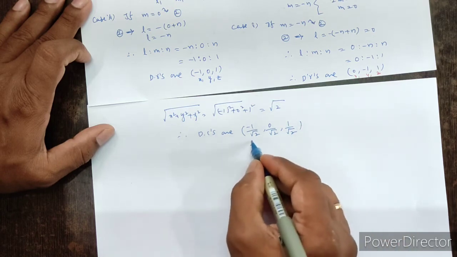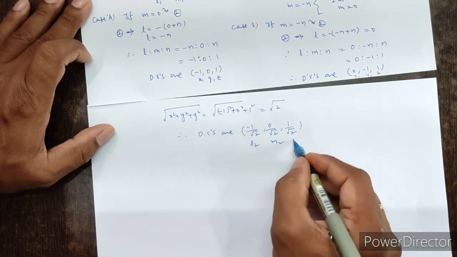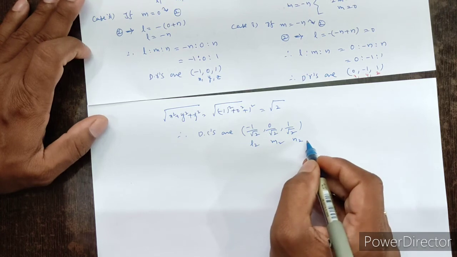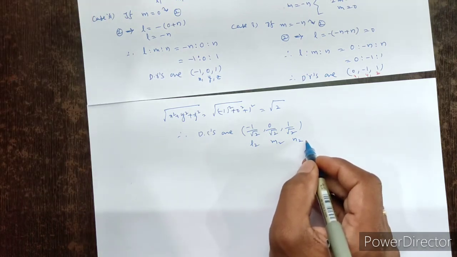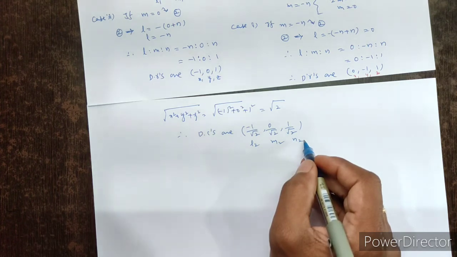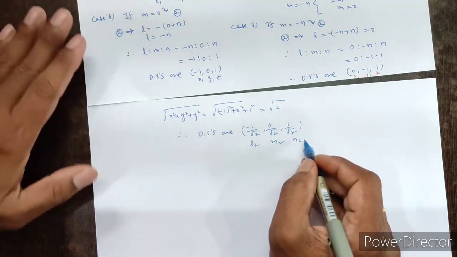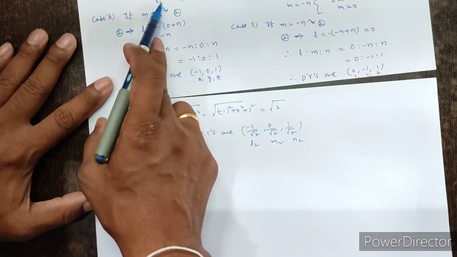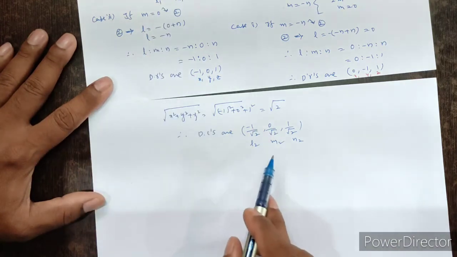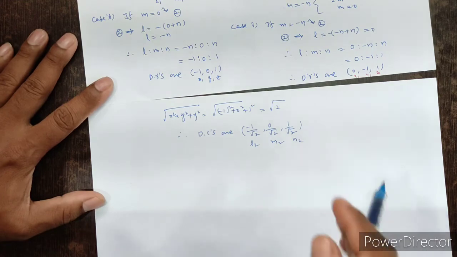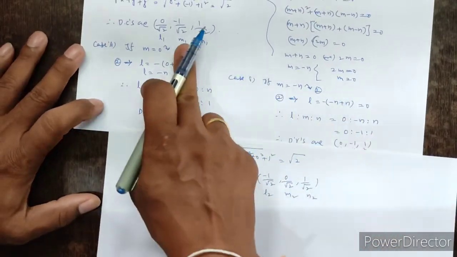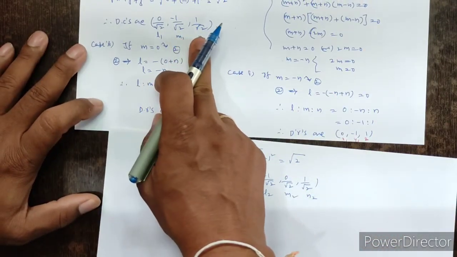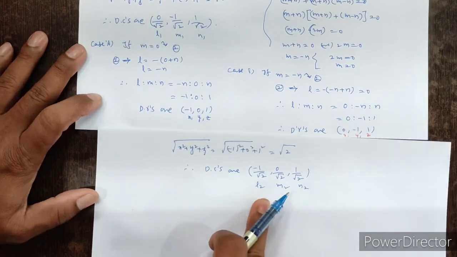So this is L2, M2, N2. So already we found the direction ratios of the first line, the direction cosines of the first line and the direction cosines of the second line.